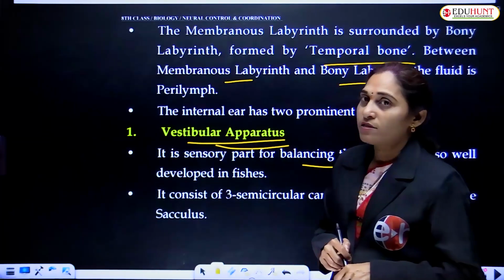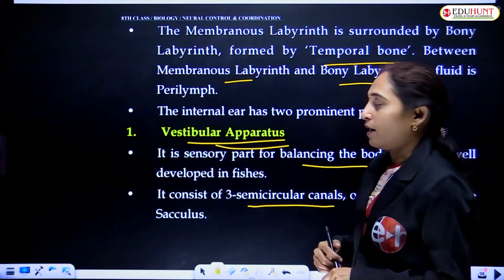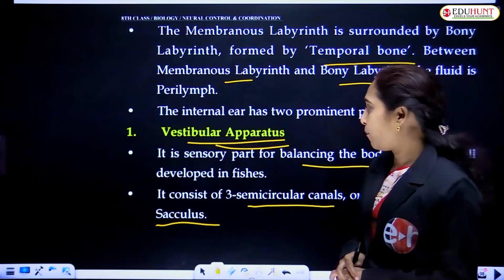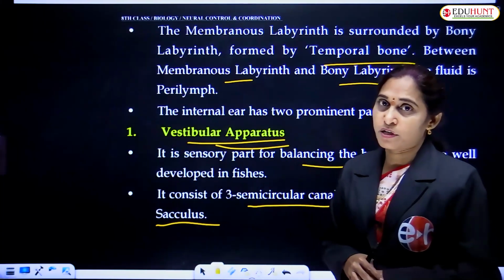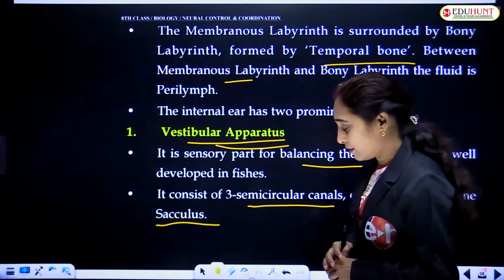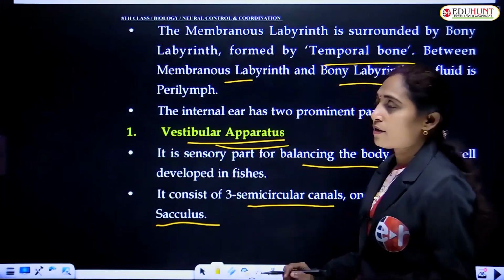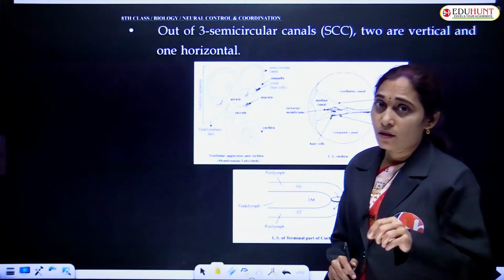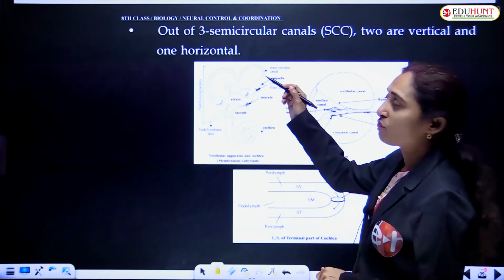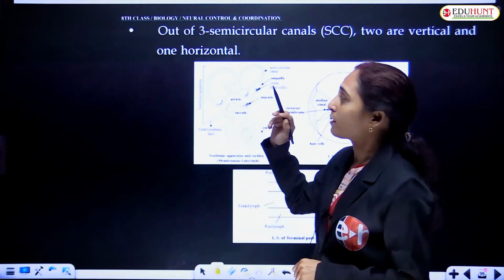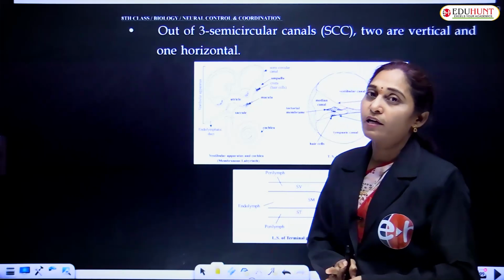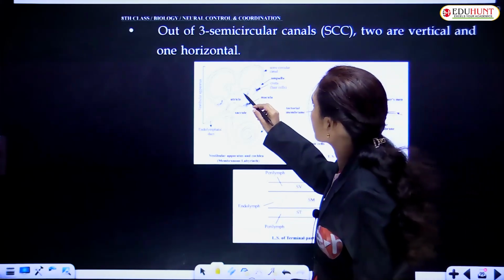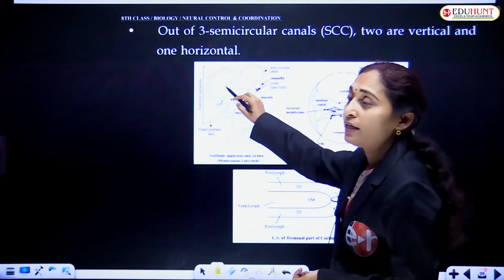It is made up of 3 semicircular canals, 1 utriculus and 1 sacculus. Of the semicircular canals, 2 are vertical and 1 is horizontal. This is the vestibular apparatus of the internal ear.